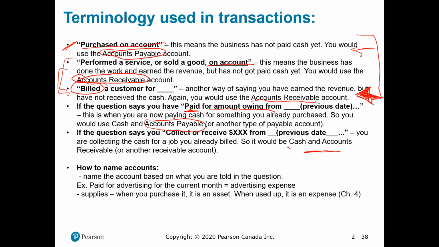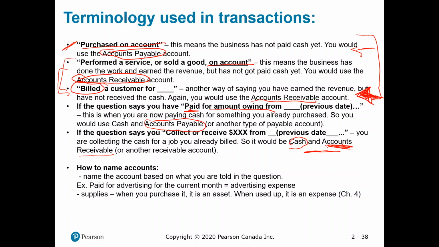We would just debit our cash that we collected, and we're crediting our accounts receivable account. So we're saying, yeah, we've already recognized the revenue when we billed it. Now we just credit AR. We're collecting that amount we already said we needed to receive. I'll post a video that goes through the solution, and you guys will see that there.